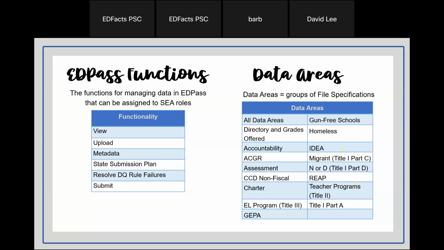So in your roles, you're going to define what functionalities someone with that role can perform, and then you're going to apply it to a data area, meaning you could have one role that's identical for every single data area, or you could have users that have different functionalities for different data areas.